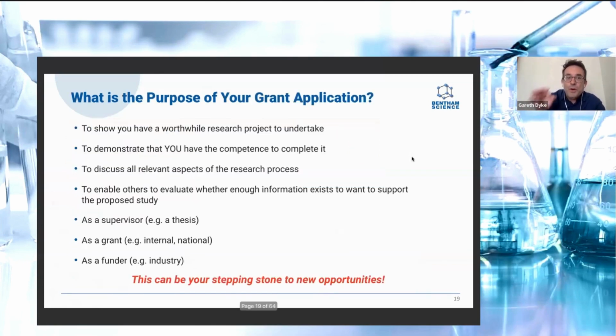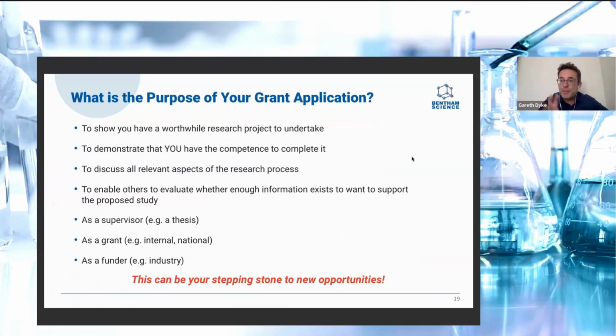this is important to think about when putting your proposals together, because what is the purpose of your grant application? You have to show that you have a worthwhile research project. You have to demonstrate that you have the competence to complete it. You have to discuss all of the relevant aspects of the research process, and enable others to evaluate whether enough information exists to want to support your proposal.